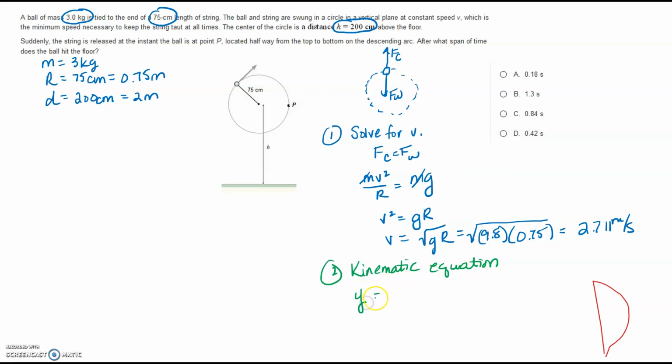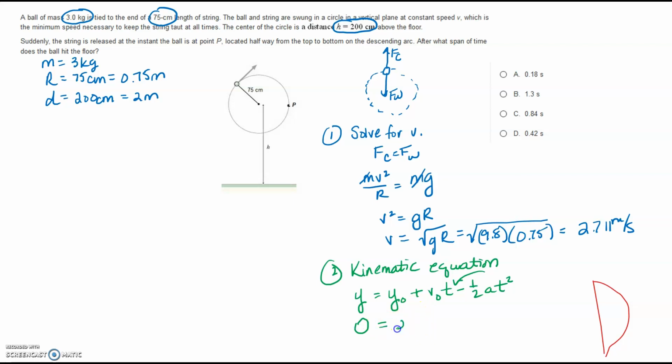So I have y is equal to y-o plus v-o-t minus 1/2 a-t squared. And this is because of the direction of weight. So we're looking for the span of time when it hits the floor. So when it hits the floor, y is 0.